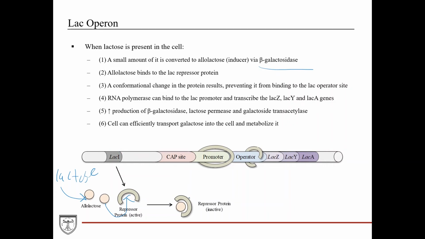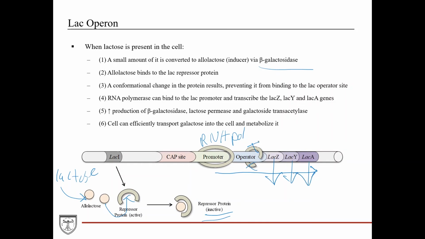And then what that does is it induces a conformational change in the repressor protein, rendering it inactive. So this binding to the operator does not happen when lactose is present. So then RNA polymerase here can come in and bind to the promoter and then go down the DNA and transcribe these genes.